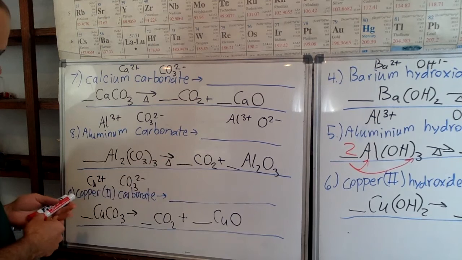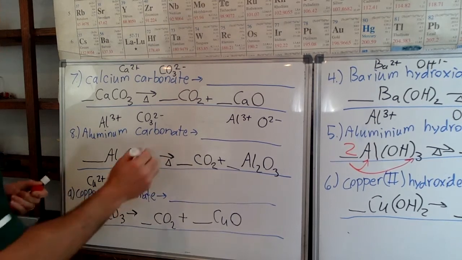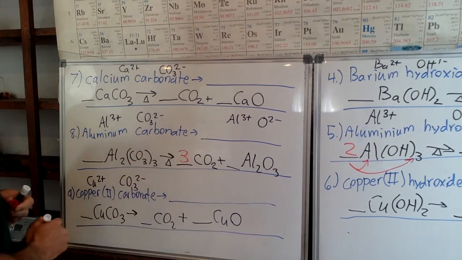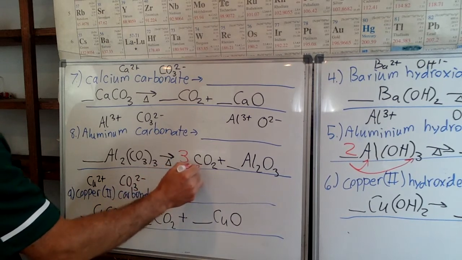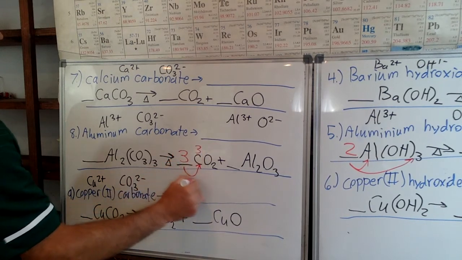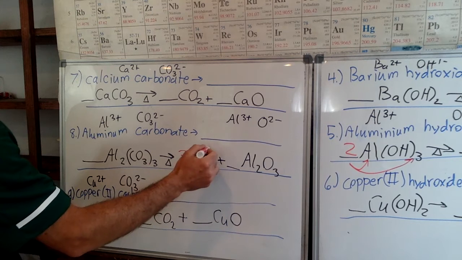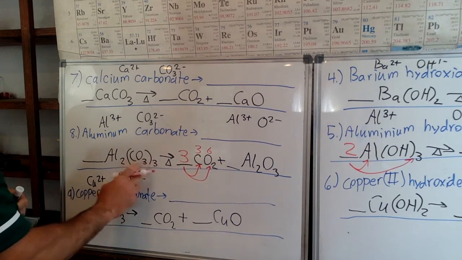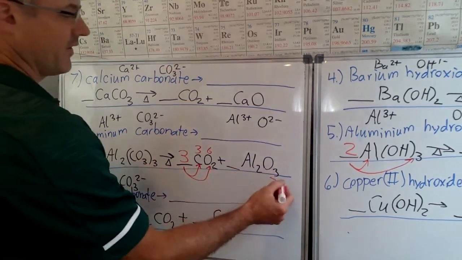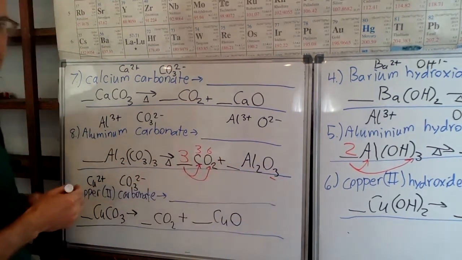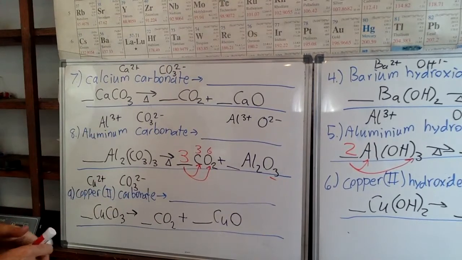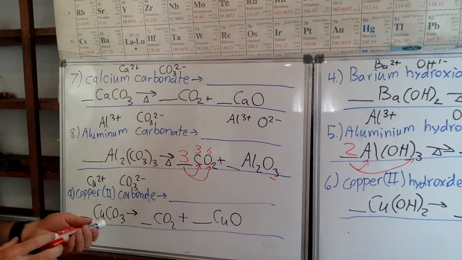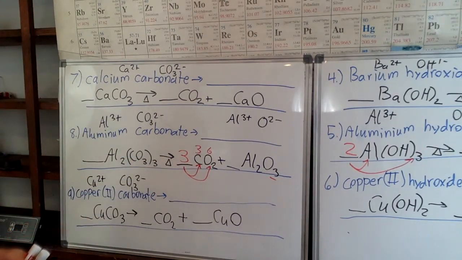We only have 2 carbons over there. So let's try to get 3 carbons out of the carbonate. What does that do? So that gives us 3 carbons, and it gives us 3 times 2 is 6 oxygens. Oh, we had 9 over here. Oh, there's 3 over here. So yeah, that does add up to 9. That's good. That did balance. So just the 3 there, so that's not too bad.